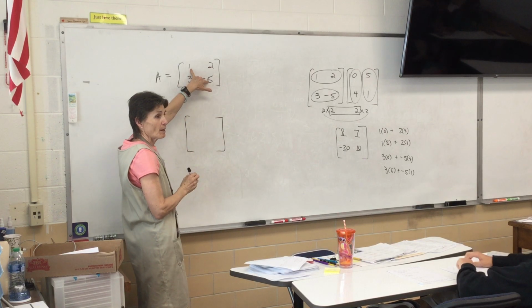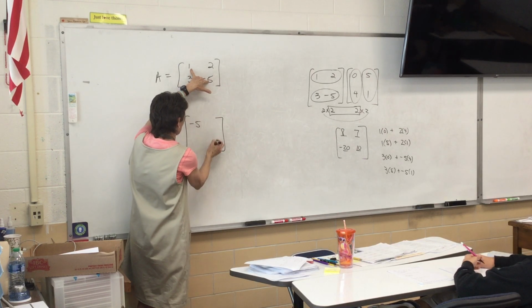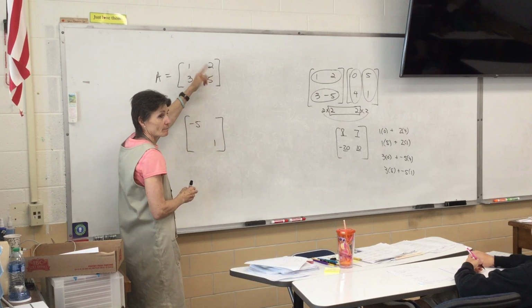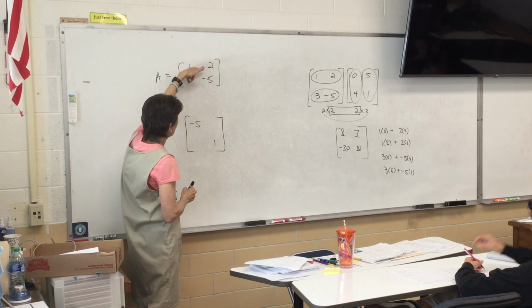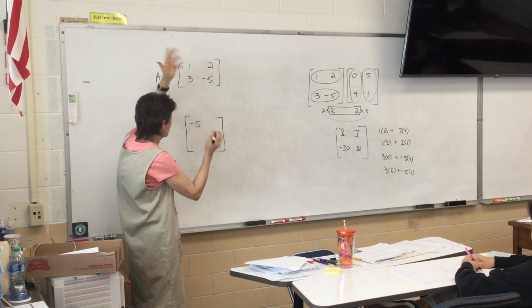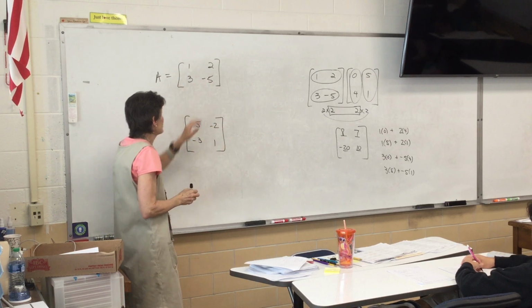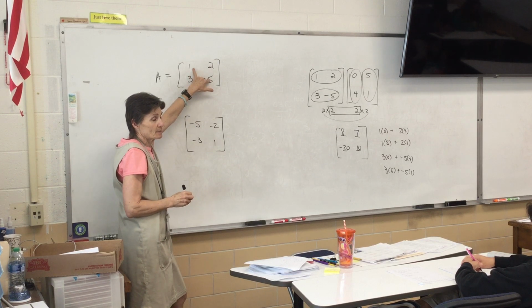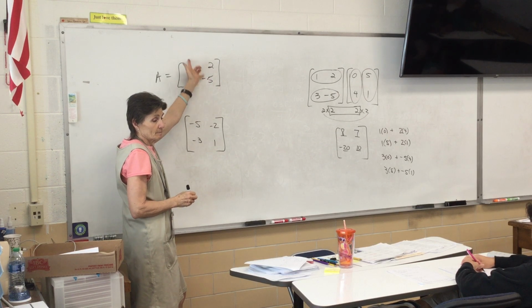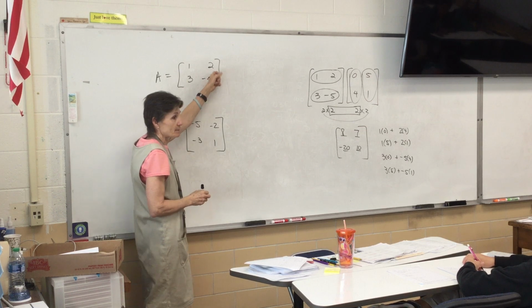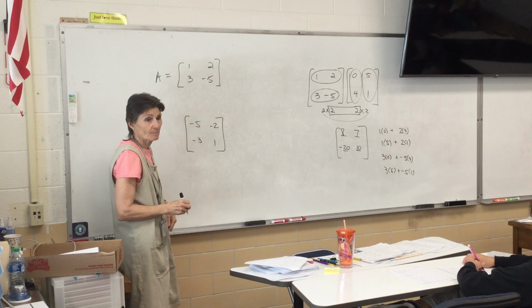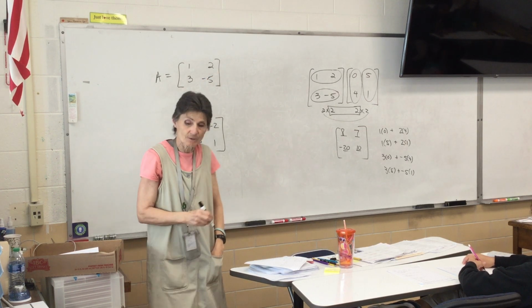We take these two numbers right here and we flip flop them. And then these two, you change their signs. So that becomes negative 3 and that becomes negative 2. So these two get flip flopped and these two change their signs. All right, that's half the answer.